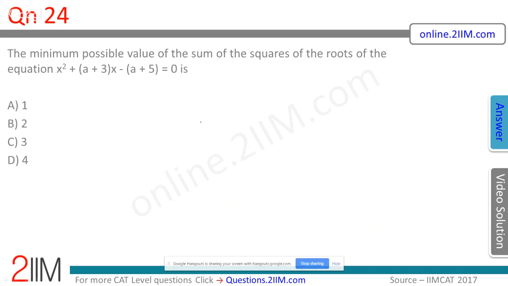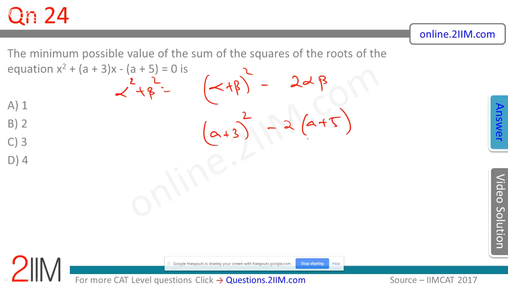The minimum possible value of the sum of the squares of the roots of the equation. So we have alpha square plus beta square. It's alpha plus beta the whole square minus 2 alpha beta. Sum of the roots square minus b by a the whole square. So a plus 3 the whole square minus 2 times a plus 5. The minimum possible value of this: a square plus 6a plus 9 minus 2a minus 10.